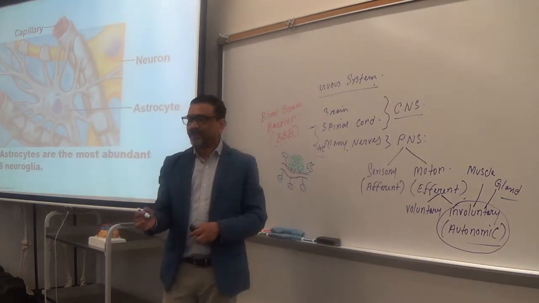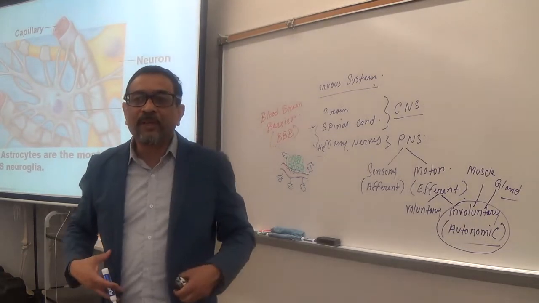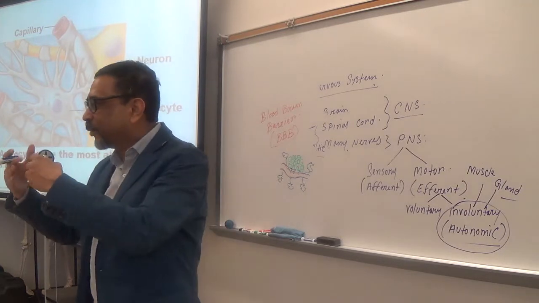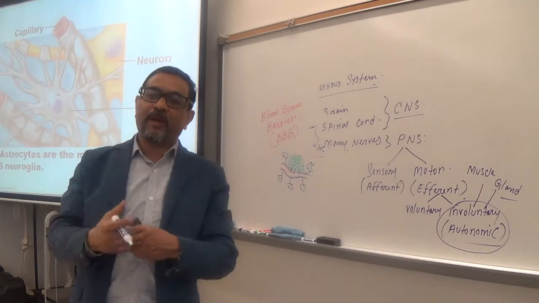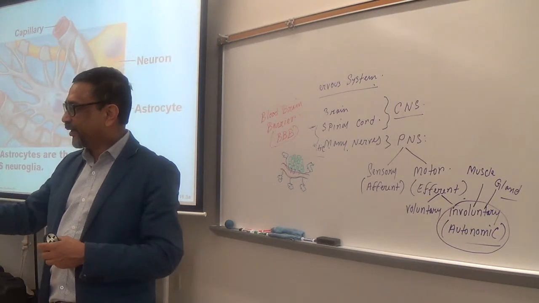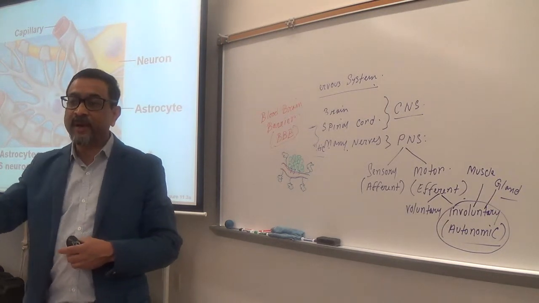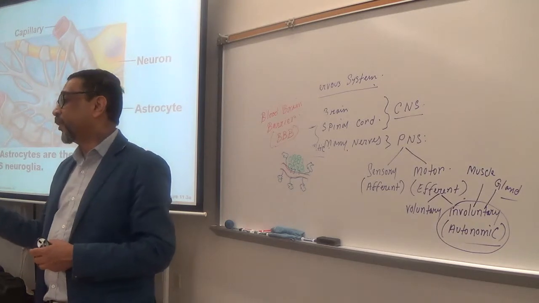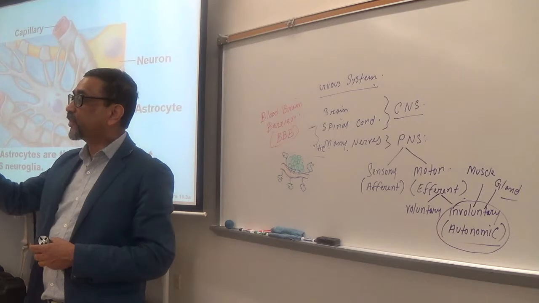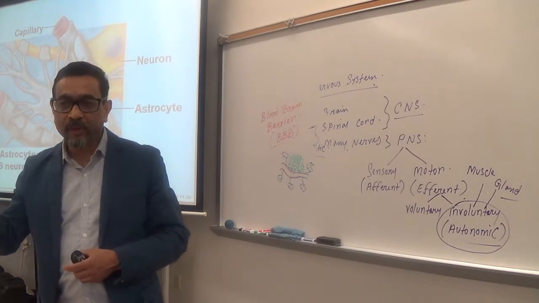Make sense? In other parts of your body, you don't have that extra layer. You have only capillary wall. But brain tissue has that extra layer, extra protection, right? And that is the blood-brain barrier, which is very important because your brain, I mentioned in last class, is the most sensitive organ of the body, right?